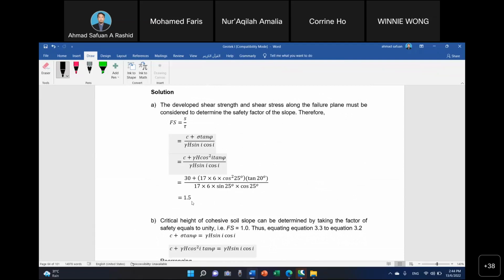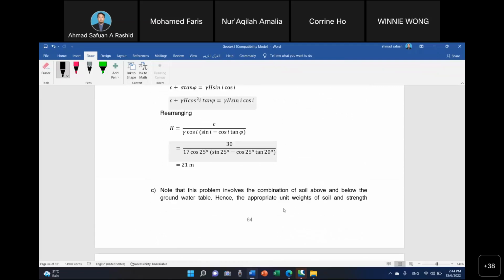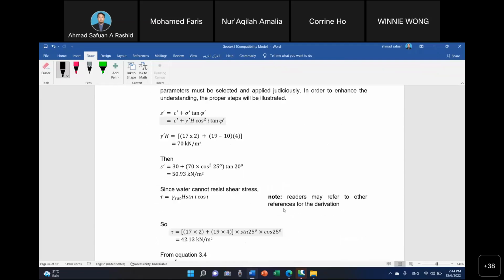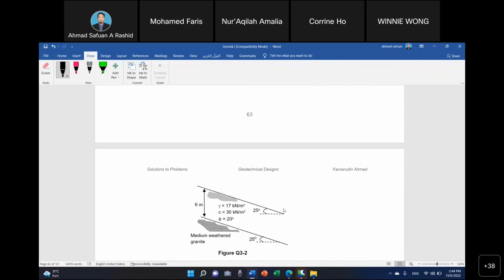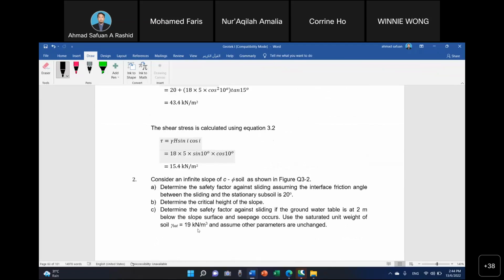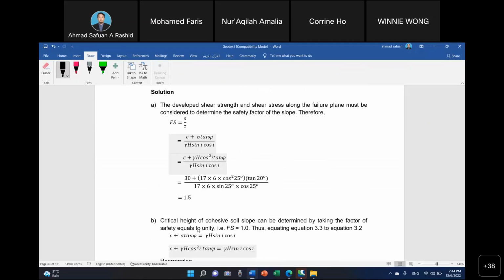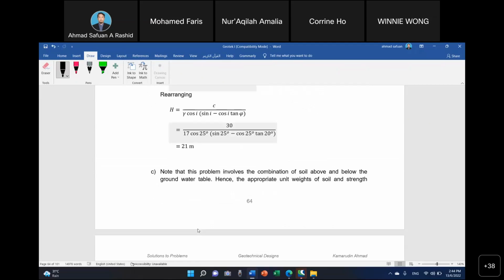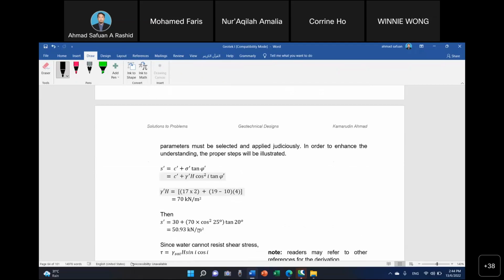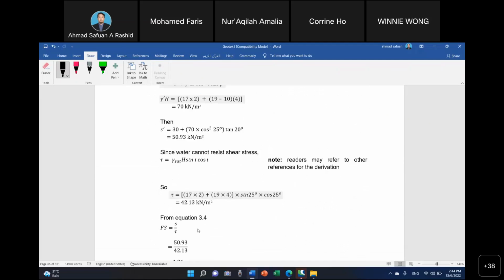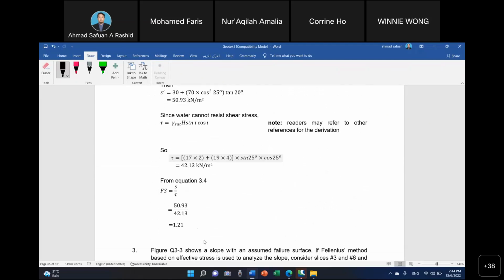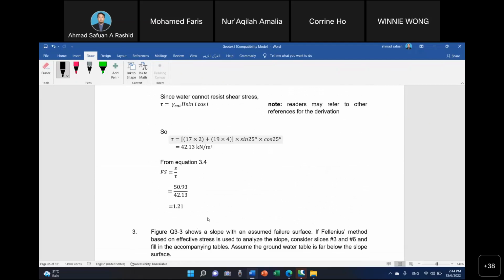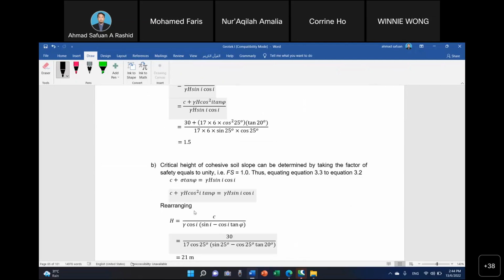And then when water is increased up to 2 meter below the surface, the factor safety has been reduced to 1.21. So that is for the example number 2.